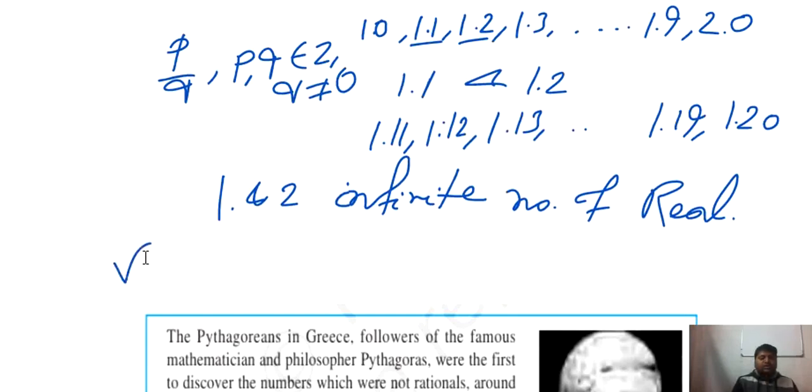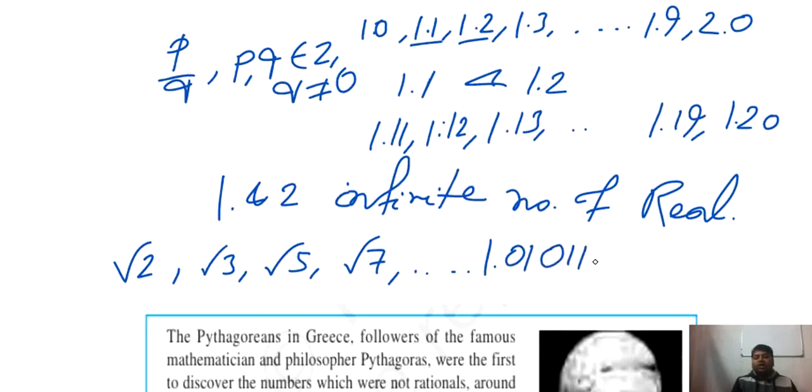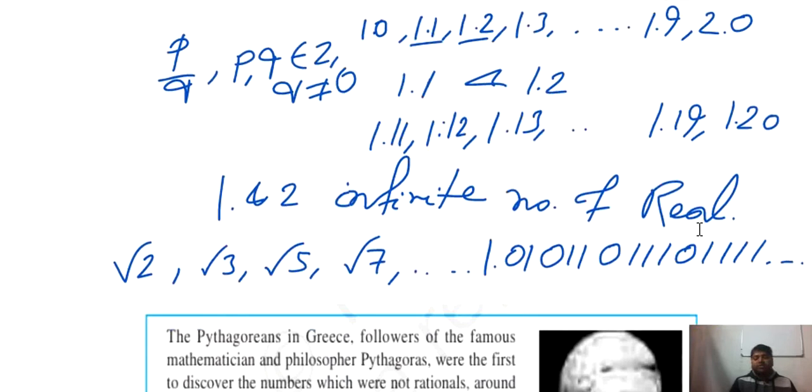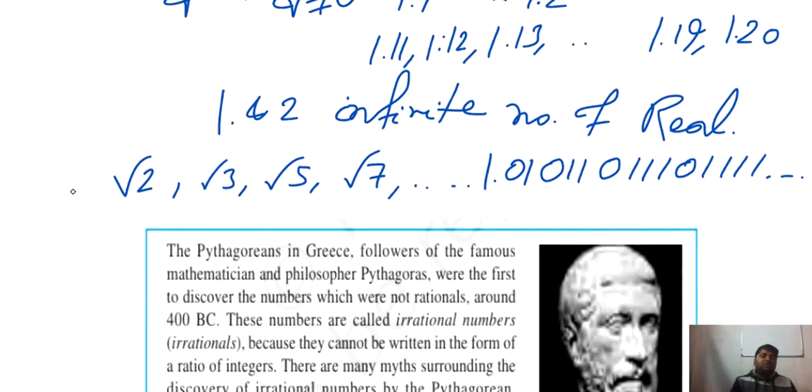But some numbers cannot be represented in p by q form. Suppose root 2, root 3, root 5, root 7, and different kinds of numbers like 0.1, 0.111, 0.1111 and so on. These numbers are also between 1 and 2, and they cannot be represented in p by q form, where p and q are integers and q is not equal to 0.